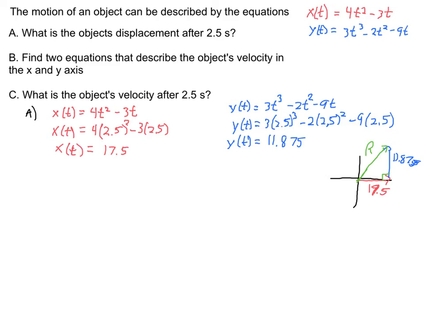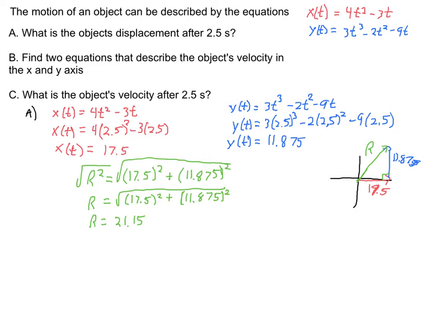So for r, this is going to be the Pythagorean theorem to get the displacement. I come out with a displacement of 21.15 meters, but displacement is a vector, meaning that it has a direction to it. So I need to deal with angle theta here.